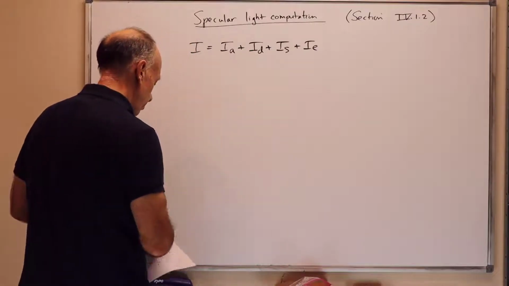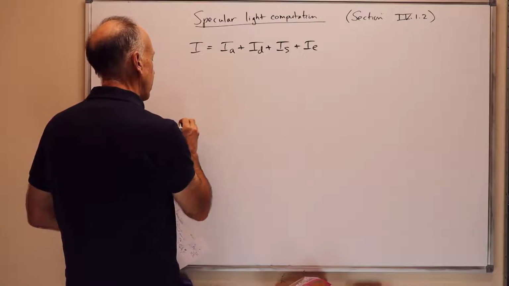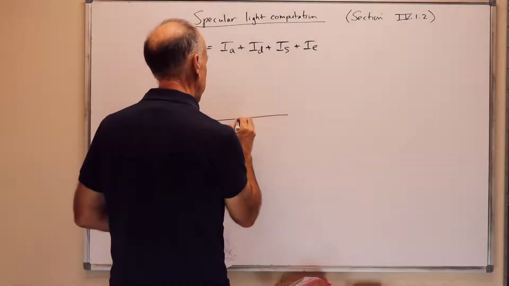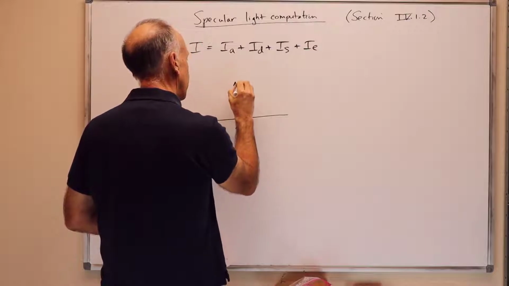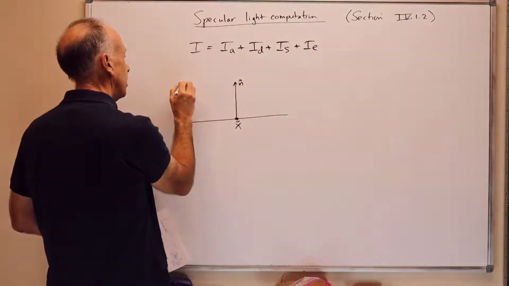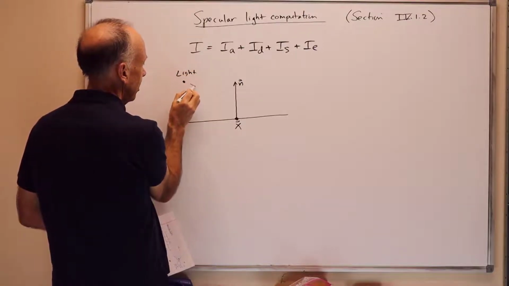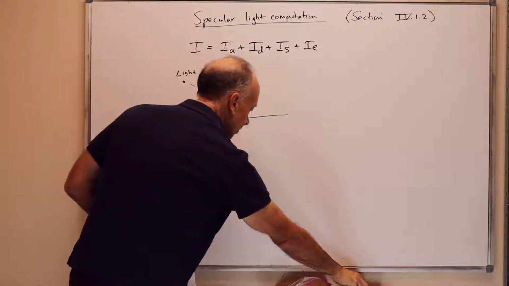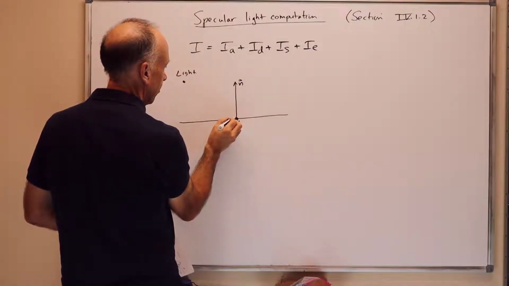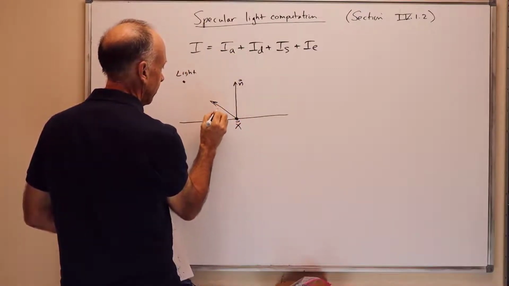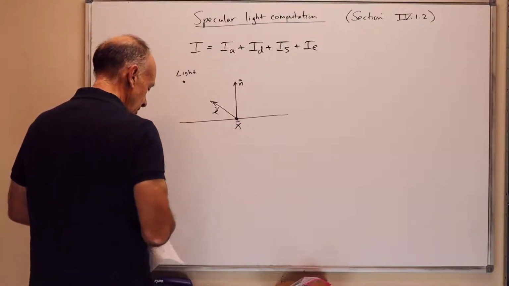So in the setting for specular lighting, we've got a surface S with a point X on it, normal vector N, and a light shining in towards the point with a vector L that's a unit vector pointing from X towards the light. So the light's coming in.